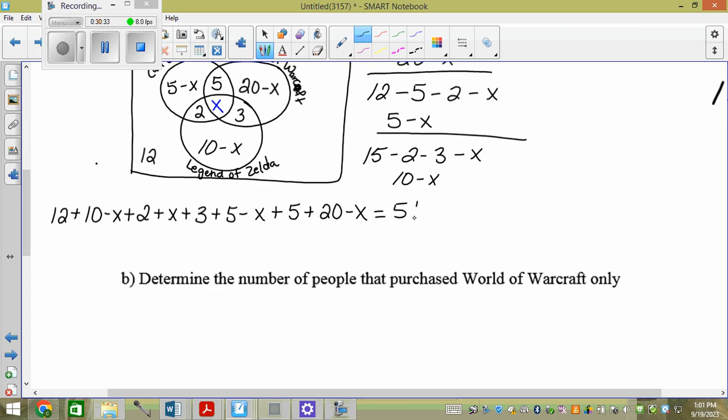Now I put together my like terms, which are the numbers and the variables. So I go 12 plus 10 is 22, plus 2 is 24, plus 3 is 27, plus 5 is 32, plus another 5 is 37, plus 20 is 57.